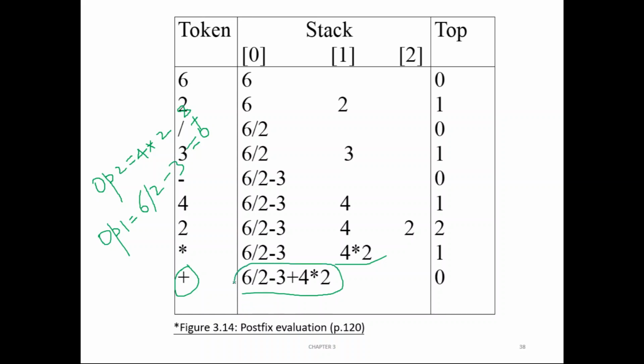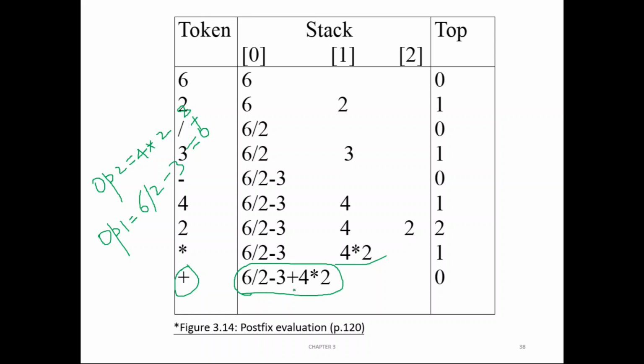Now finally the result is available on the top of the stack. So using a stack we can easily evaluate any expression if the expression is in the postfix notation. What you have to do is read the expression character by character, left to right, token by token. Check whether it is an operand or an operator.